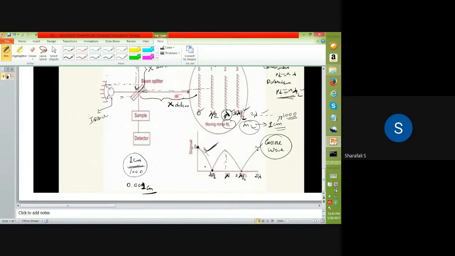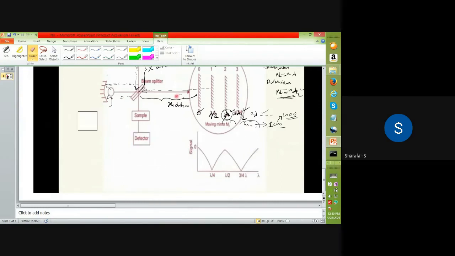So, for each wavelength, we'll have this kind of cosine. I hope you understood this point. If you are considering any cosine wave, any radiation with lambda, I will just explain it here.